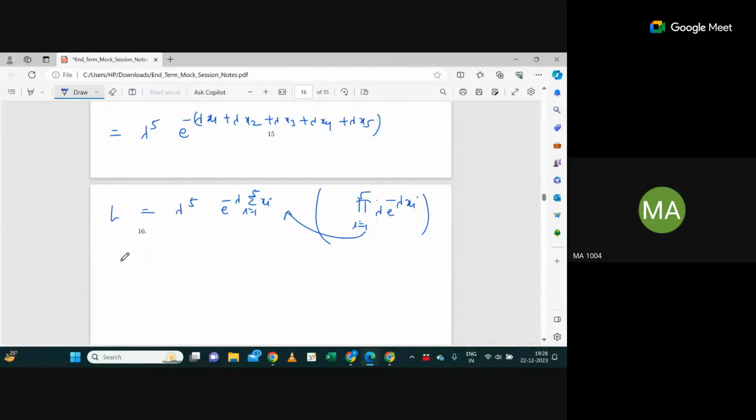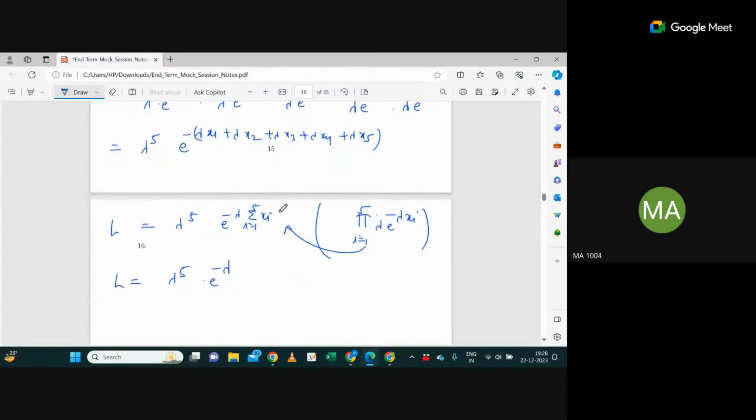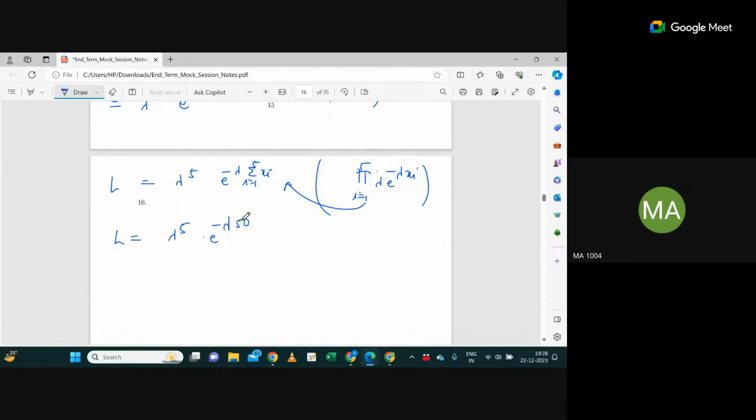What is the meaning of this summation of xi? We get it from all the samples: x1, x2, x3, x4, x5. If you add, 20, 30, 50. Any doubt so far?